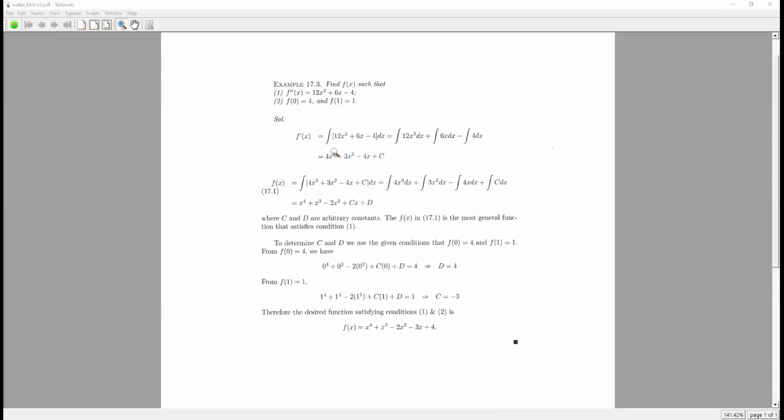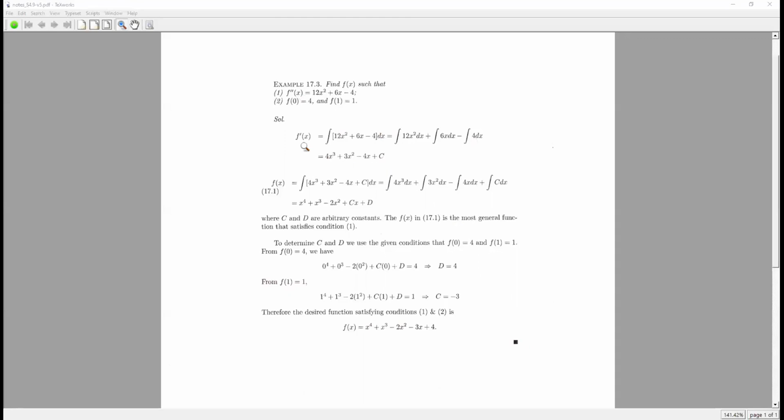It's easy to verify this: take the derivative of this, and we get 12x squared. The antiderivative of 6x is 3x squared. The antiderivative of the constant 4 is 4x. Then add an arbitrary constant c. This is all the possible first derivatives that satisfy condition 1.